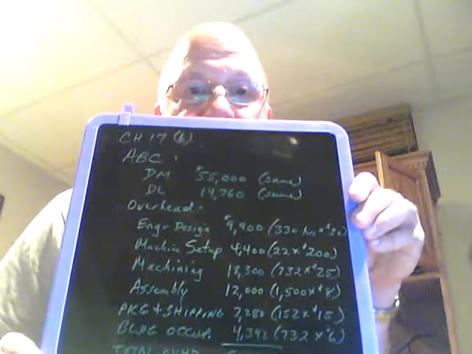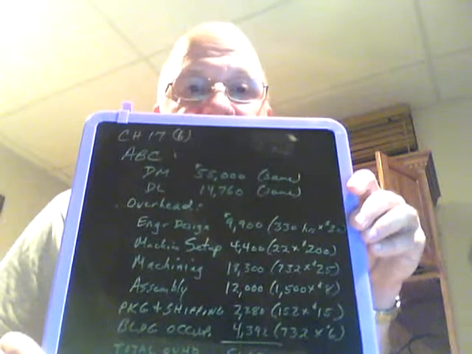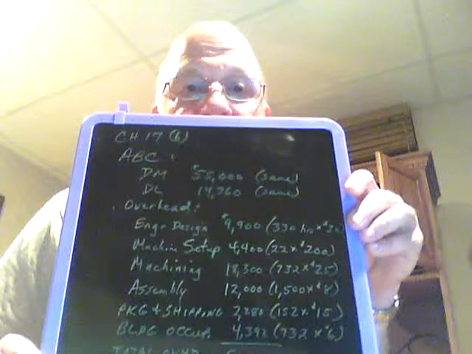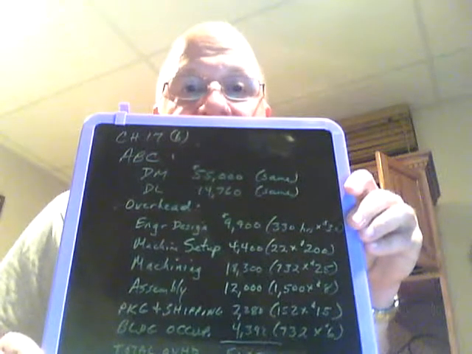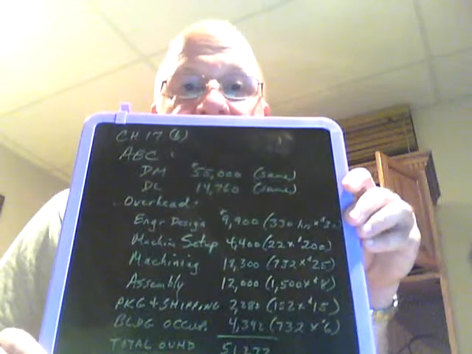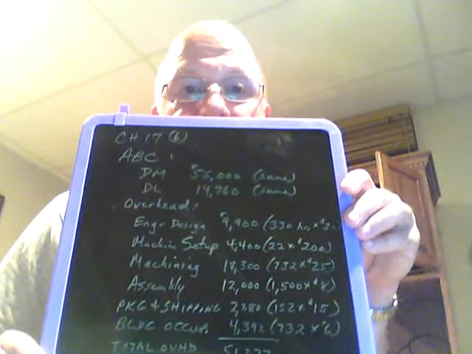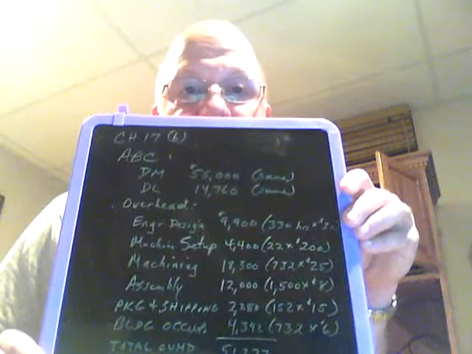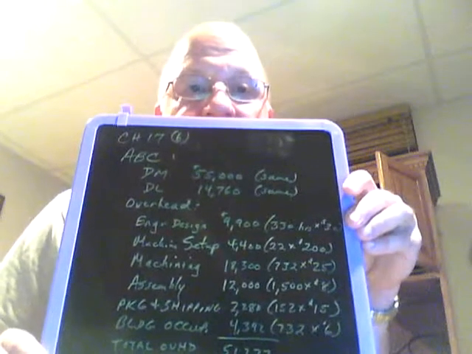So that gives us a total machine setup cost of $4,400. Machining, they gave that there would be 732 hours of machining associated with this production run, and each hour costs $25. 732 times 25 gives 18,300.